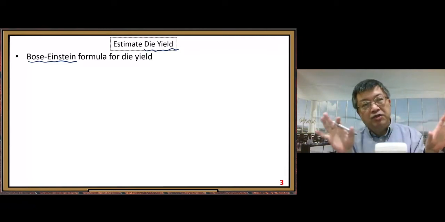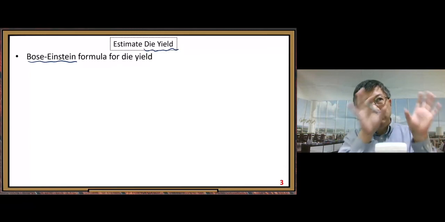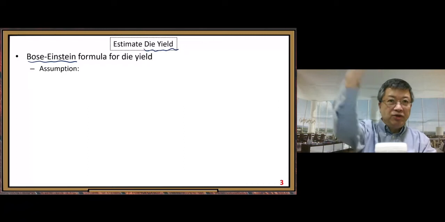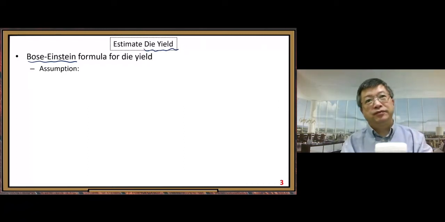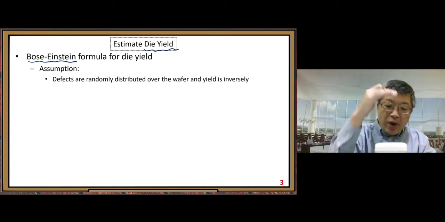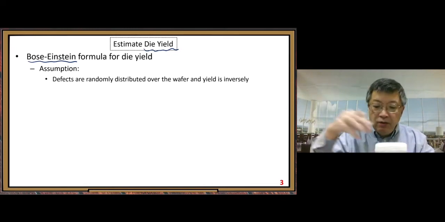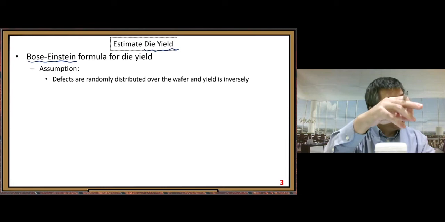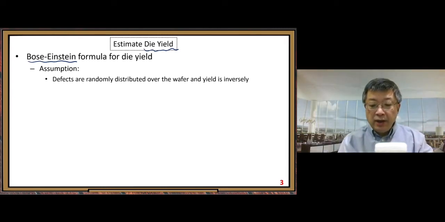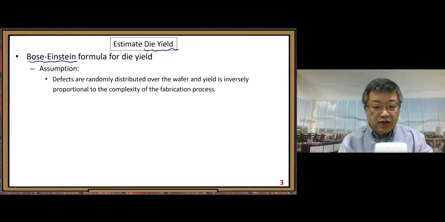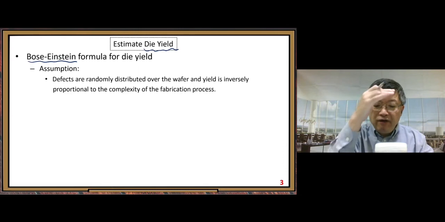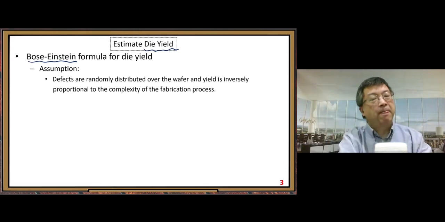You need to make some assumptions based on that model. Defects are randomly distributed over the wafer. That's pretty reasonable. And the yield is inversely proportional to the complexity of the fabrication process.